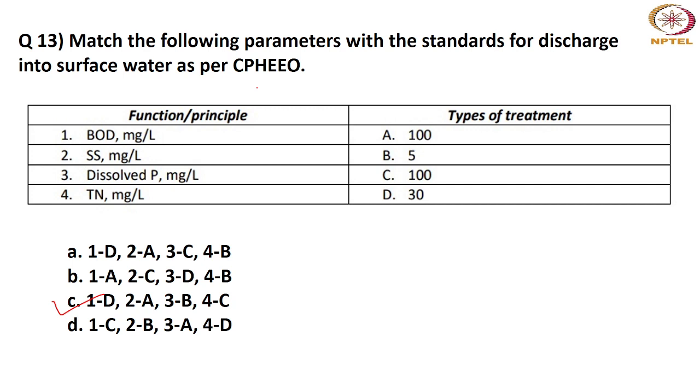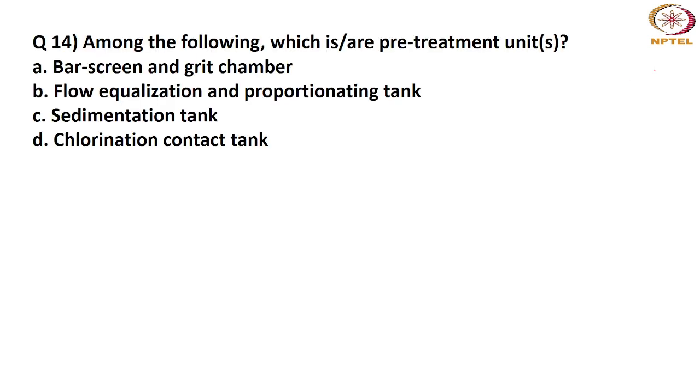So go to their website and try to download. It's easily available on the internet, and please check what is the limit for surface water discharge. So no need to repeat. This is the correct answer. Please go and check the manual. You will get the information.